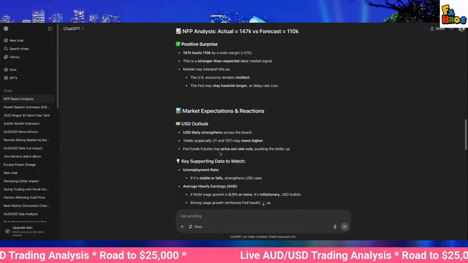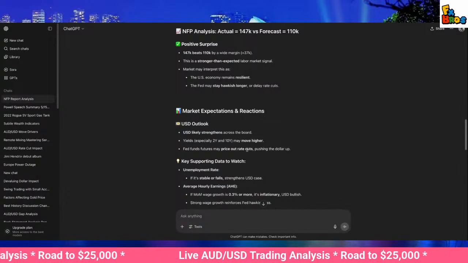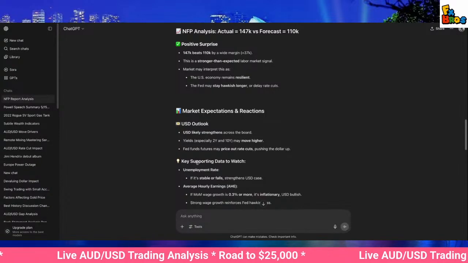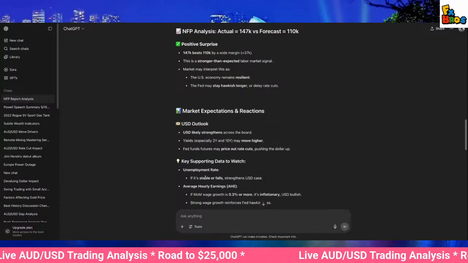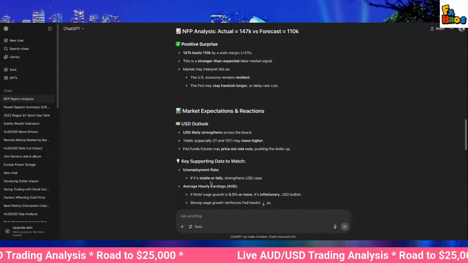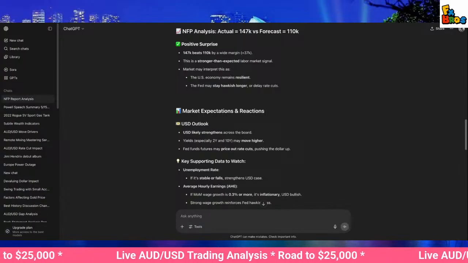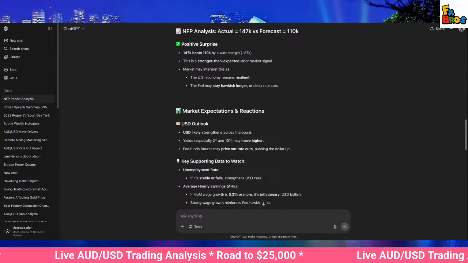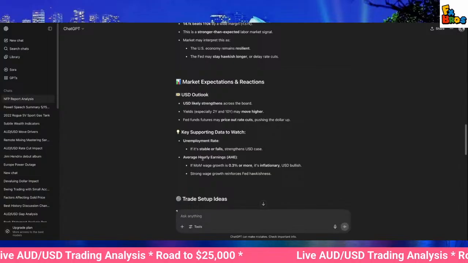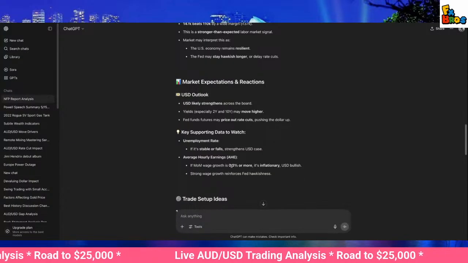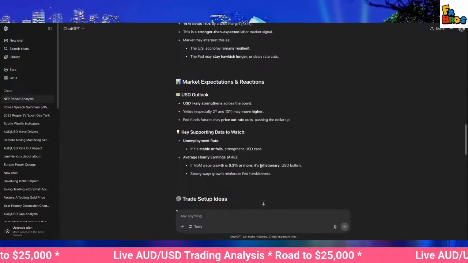Fed funds futures may price out rate cuts, pushing the dollar up. Key supporting data to watch. Unemployment rate. If it's stable or falls, strengthens USD case. Average hourly earnings. If month-on-month wage growth is 0.3 or more, it's inflationary.